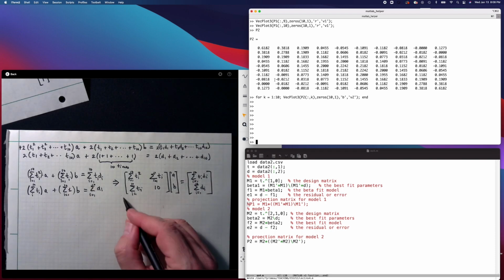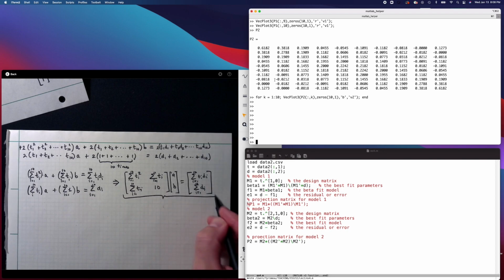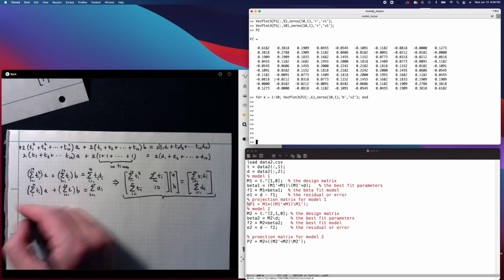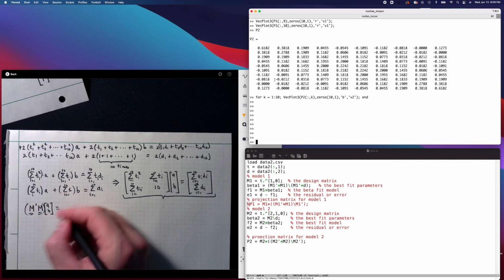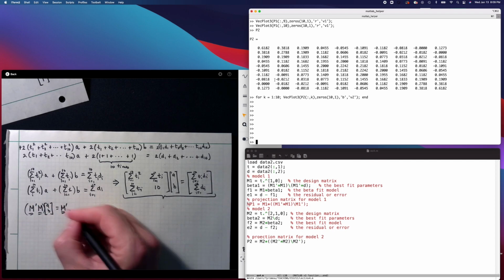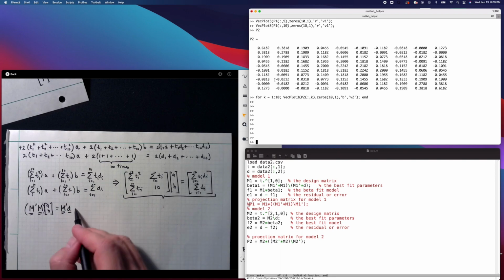Alright, so we'd like to show that this formula is the same one that we had before. So what were the previous equations? Remember, they were just M prime M times (a, b) is equal to M prime D. This was the normal equations.